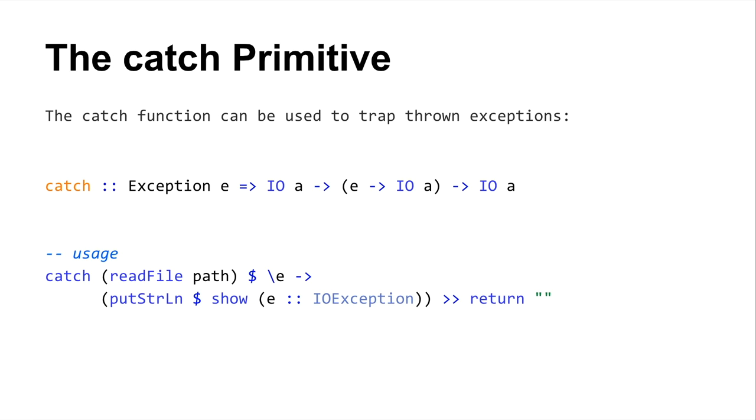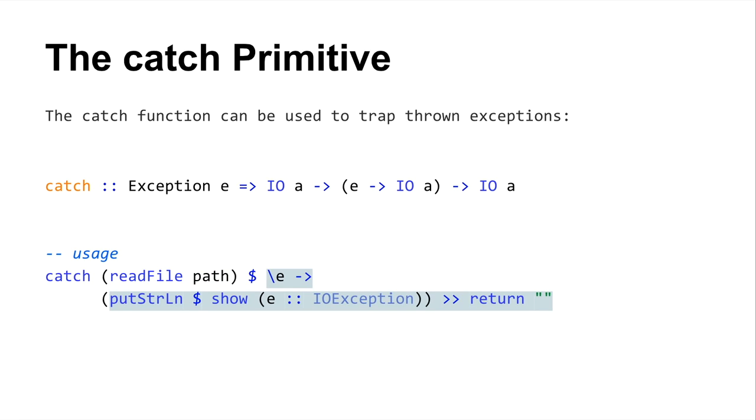The catch function, as you would expect, allows you to install an exception handler. Given an I/O computation that when run produces an A, you give it a function from an exception to another I/O computation. You get back this I/O computation with that exception handler installed. You are familiar with readFile. Let's say you give it some bogus path. That's bad.